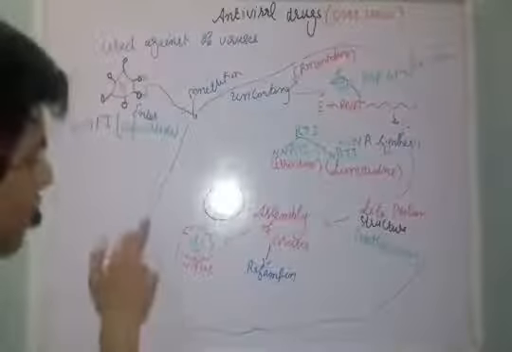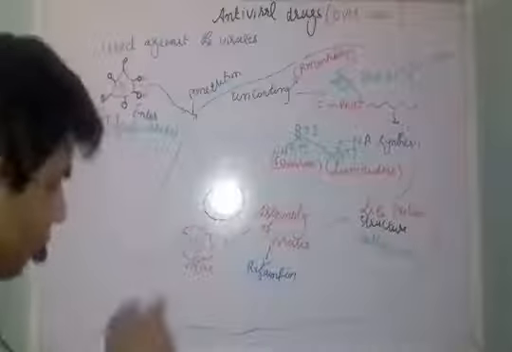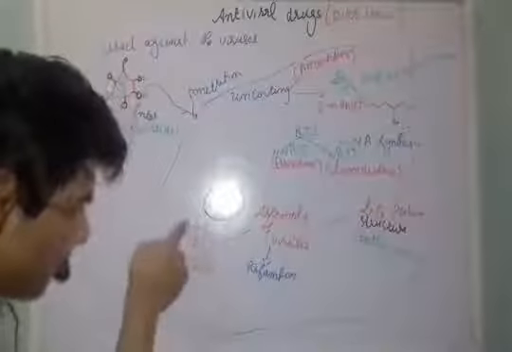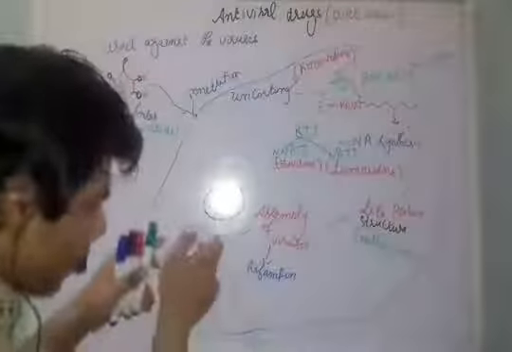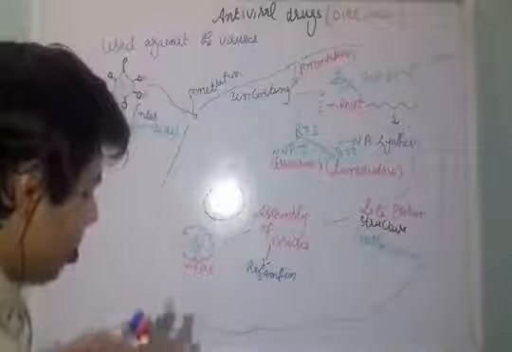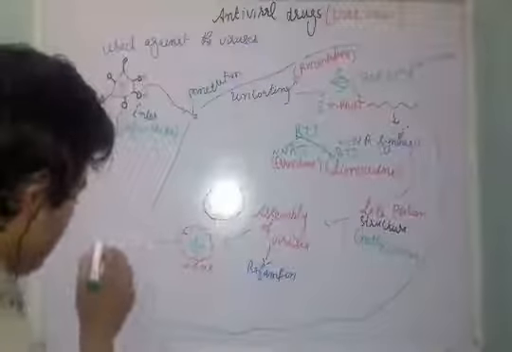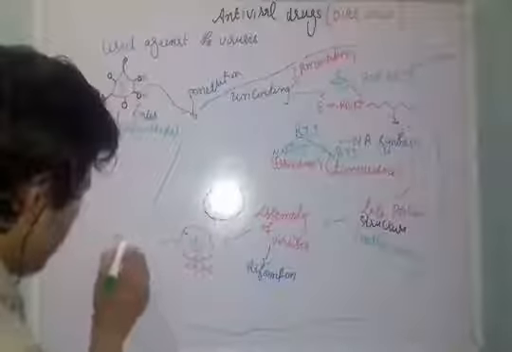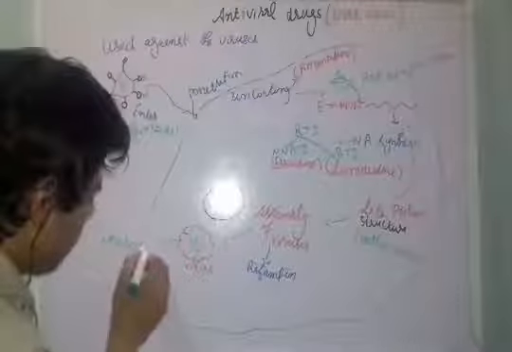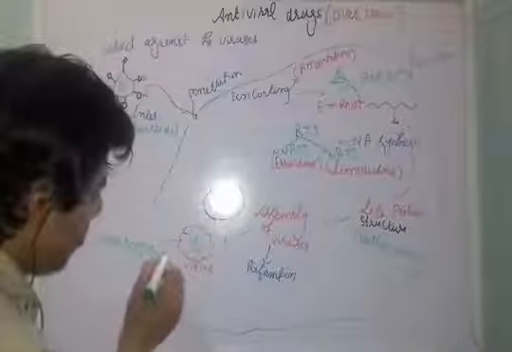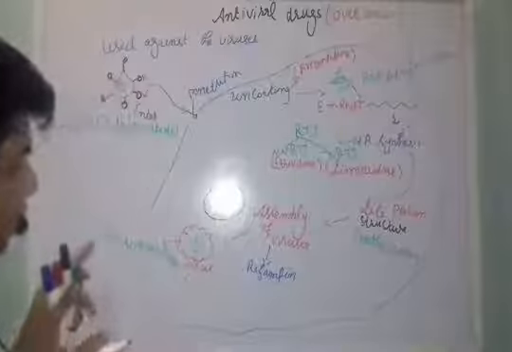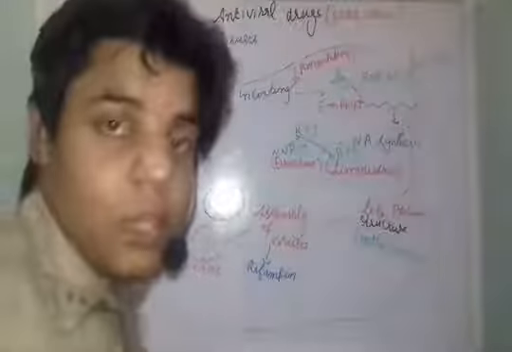Whenever they are released out from the host, they will release some enzyme from their surface, from their glycoprotein area. They will release some enzyme, and we call that the neuraminidase enzyme. Neuraminidase.